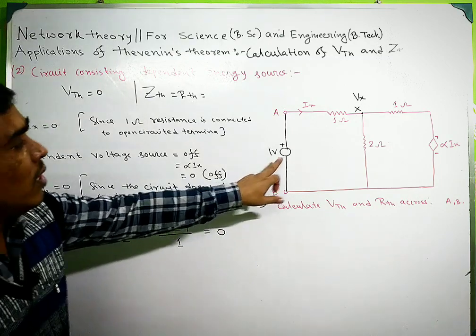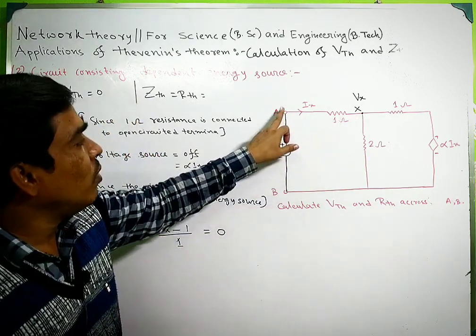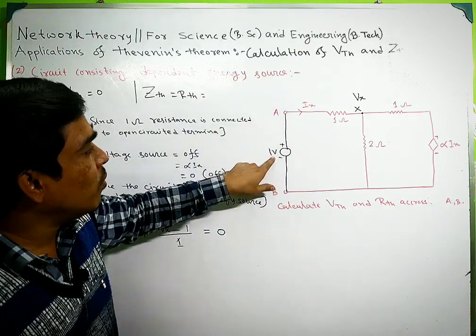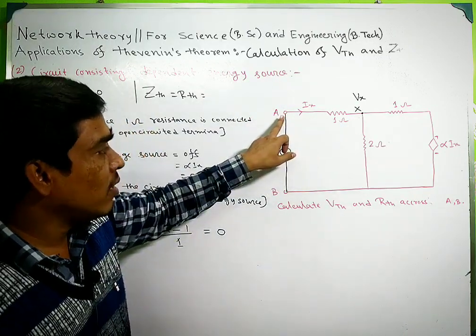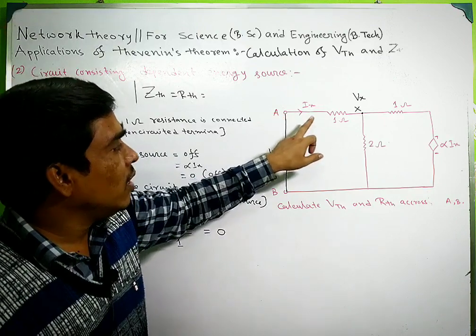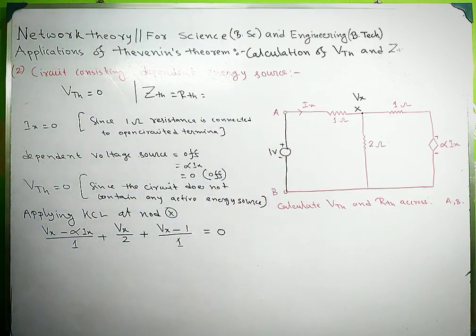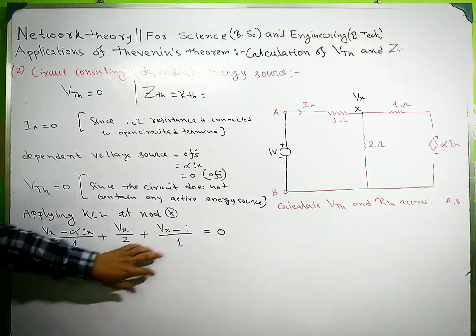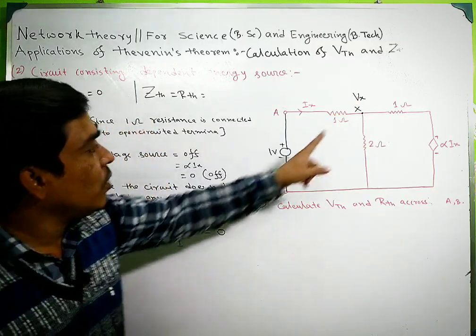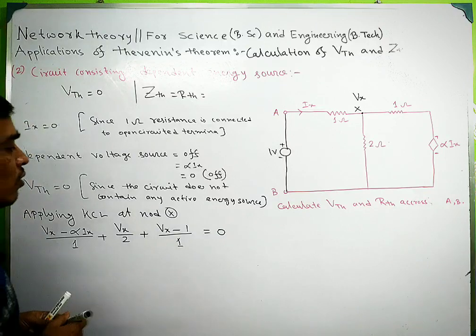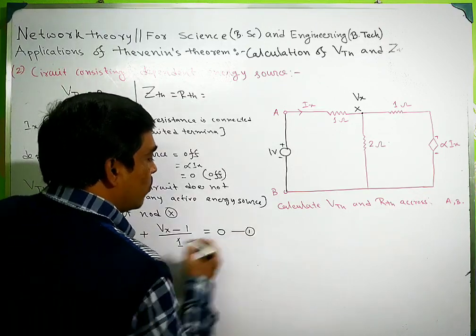This is 1 volt, so the node voltage of node A is 1 volt. This is the KCL equation of node X, equation number 1.